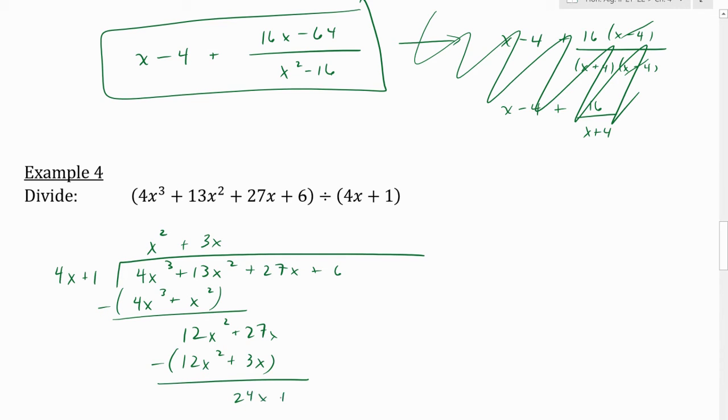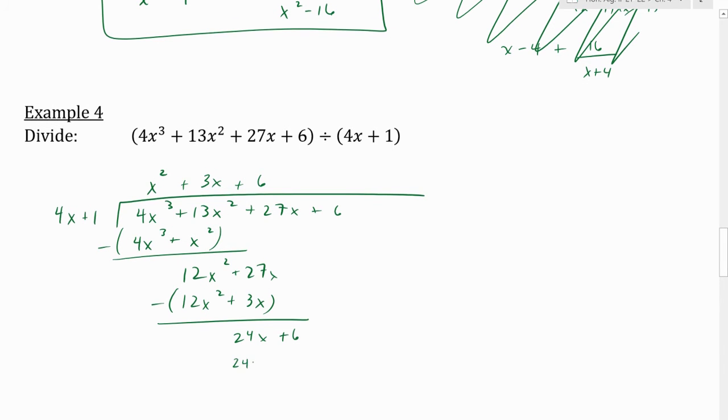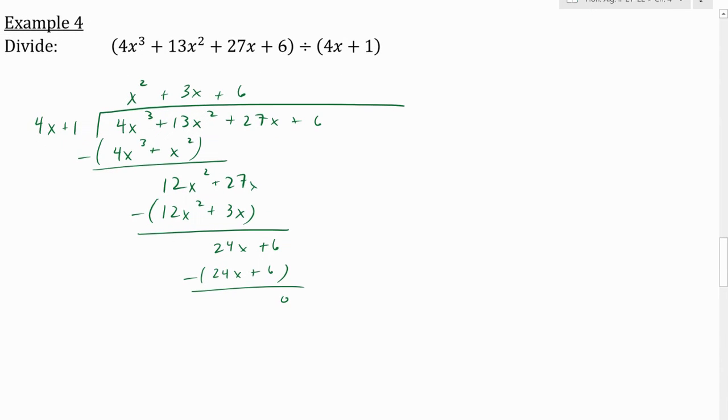That's a 24x. Bring the 6 down. You multiply 4x by 6 to get 24x. Yay, it went into it evenly. So that's just x squared plus 3x plus 6.